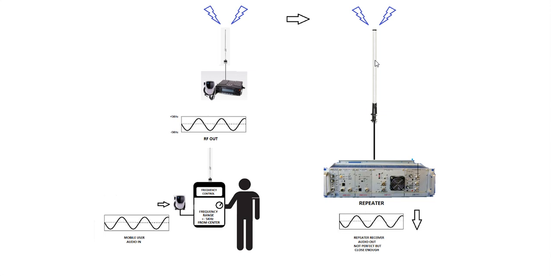Now, this electrical signal coming down here is simply a signal that just so happens to be changing frequency in relationship to the original audio coming in, but it's not the audio. It's an RF carrier.